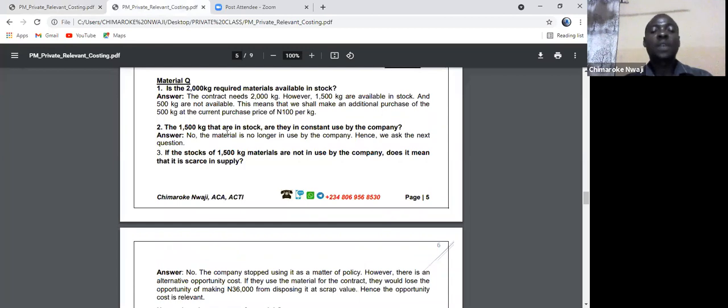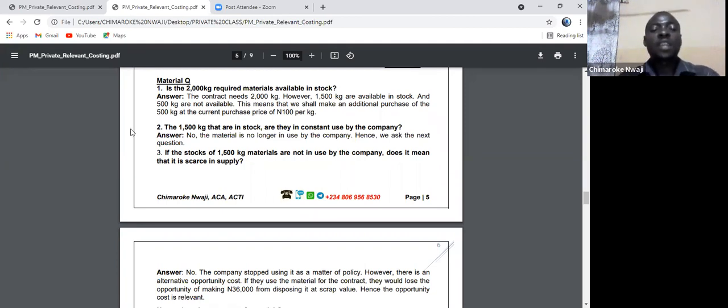So that answers our question. We need 2,000. We can say, yes, we have 1,500 in stock. And that means that we are going to move to the next question because the 1,500 kg that we have in stock takes us to the next question. But since we need 2,000, the difference of 500 kg is not available, then we have to make an additional purchase of that 500 kg.